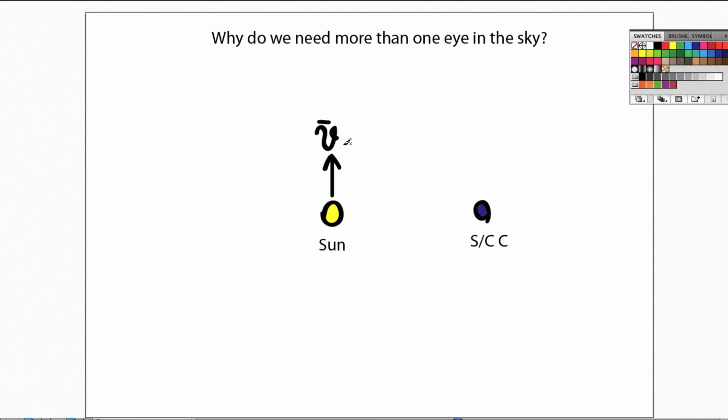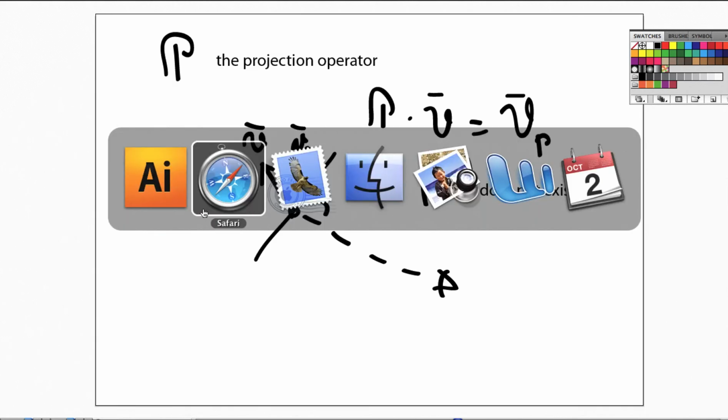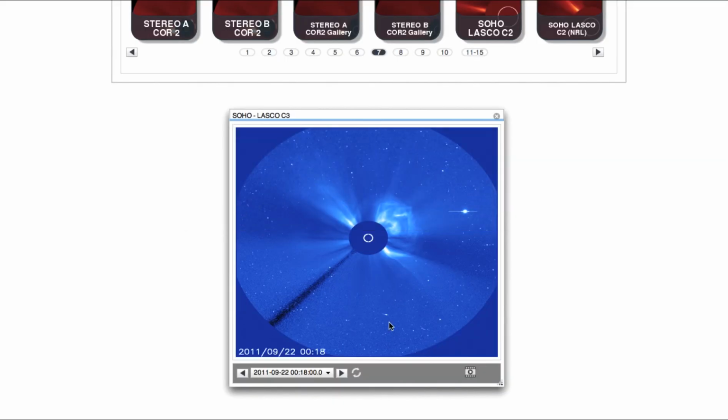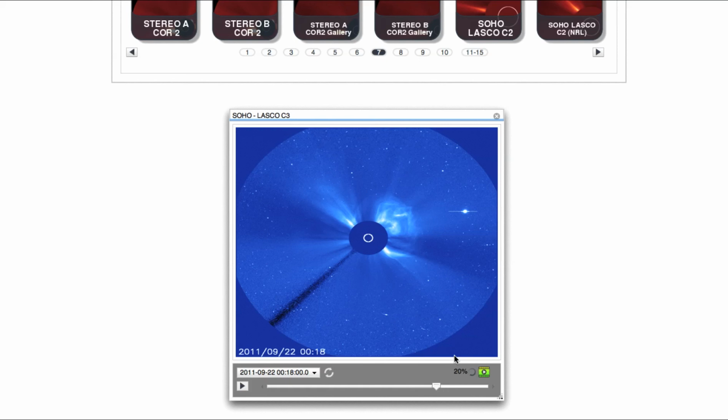But this is the plane of sky velocity, so let's call it VPC. What it means is that just by observing the plane of sky velocity of the propagating CME from one spacecraft, you are not able to tell if this thing is coming towards you or going away from you.